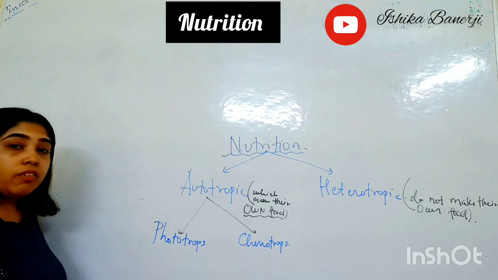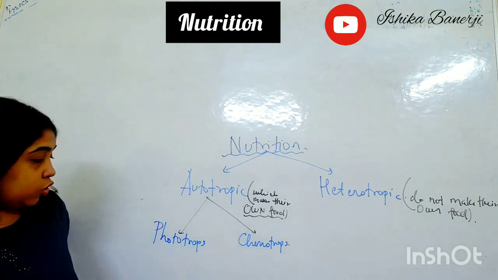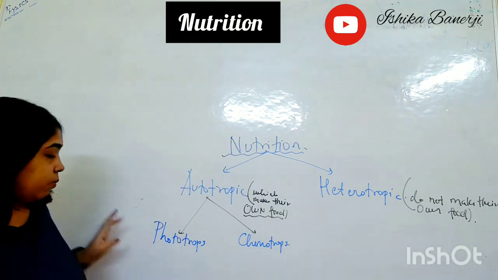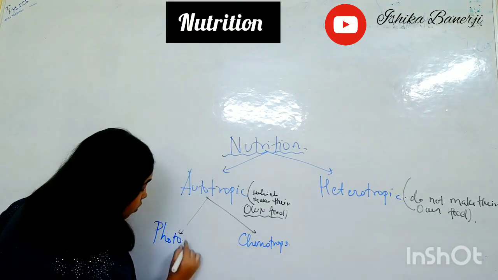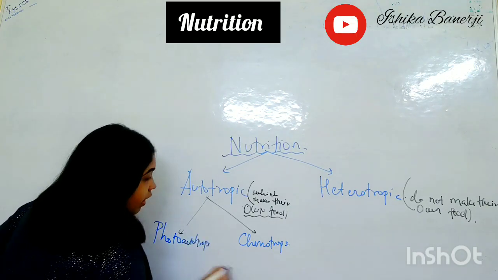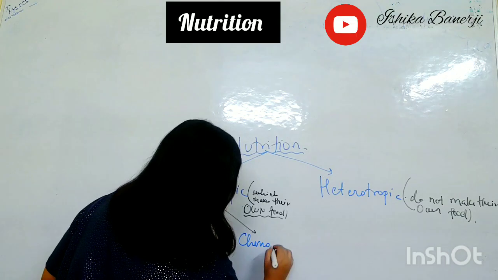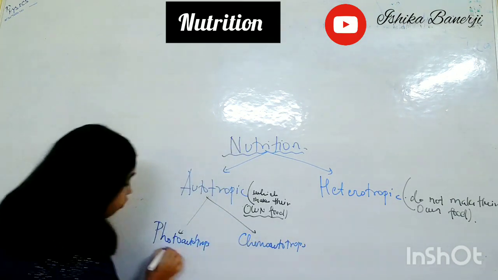As a short form to write, it's photoautotrophs and chemoautotrophs. What are photoautotrophs?